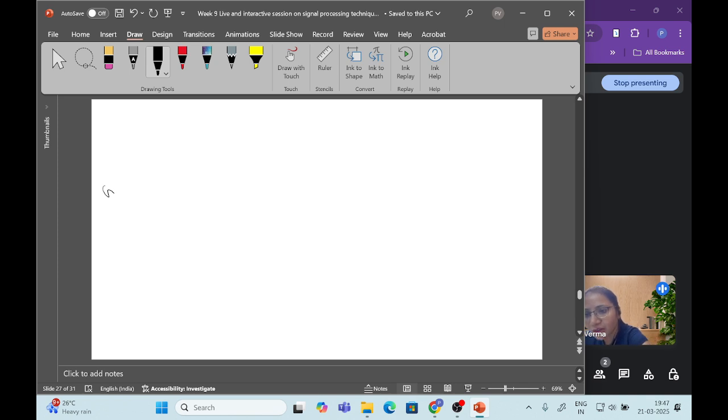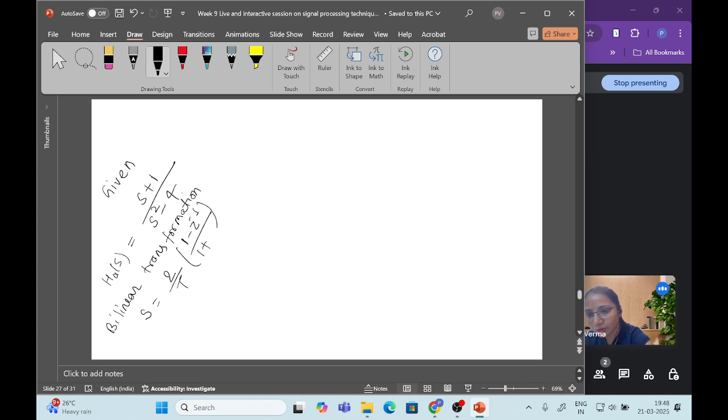So given data is the transfer function H_a(s) equal to s plus 1 divided by s square minus 4. Using bilinear transformation, already we know that in the place of s we have to put the value of 2 by T times 1 minus z inverse divided by 1 plus z inverse.